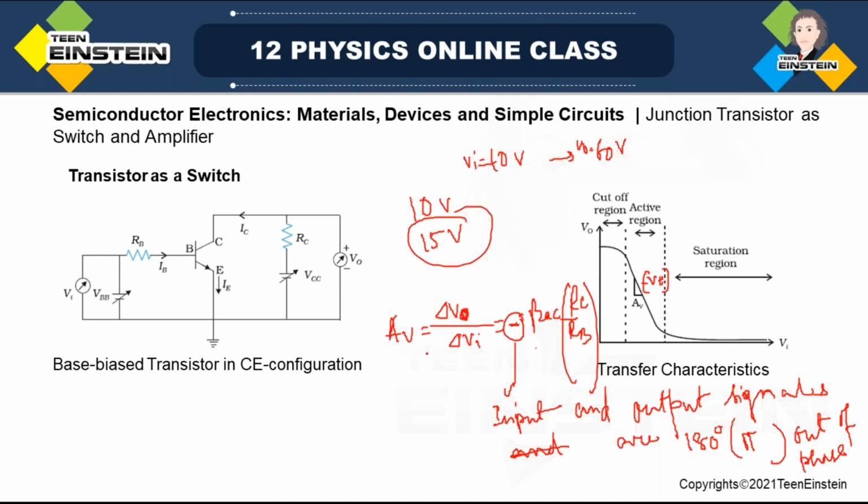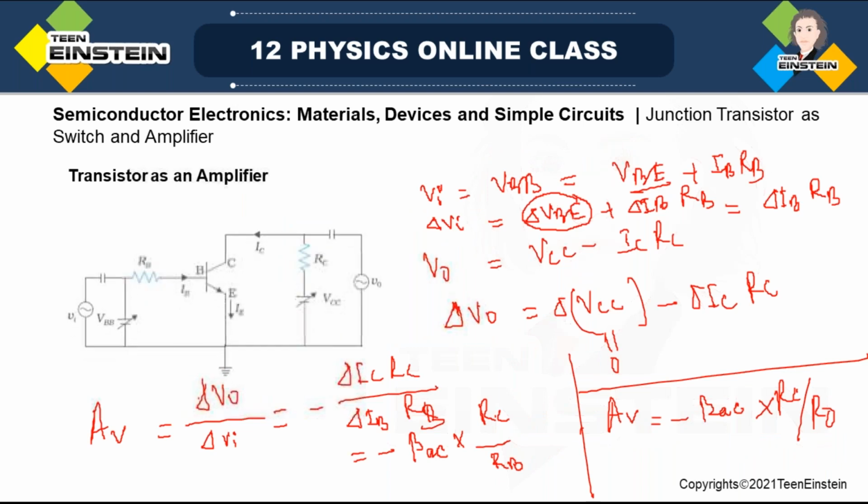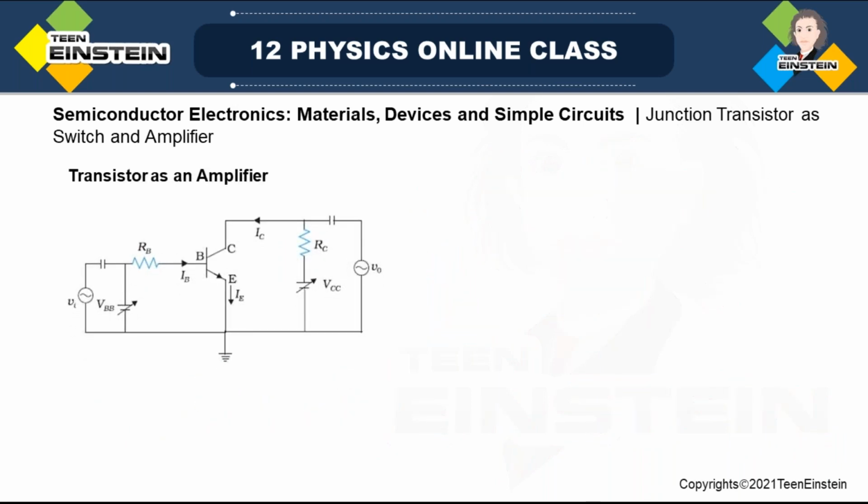We can vary the magnitude of the amplification. I'll clean this portion. Let me discuss the amplification part.